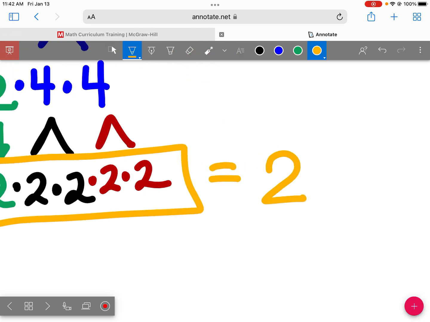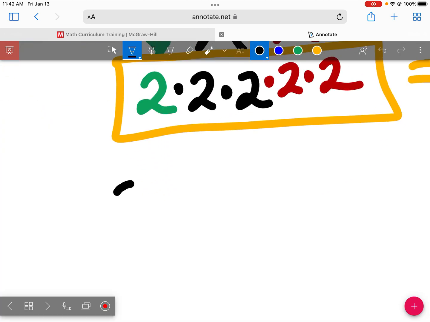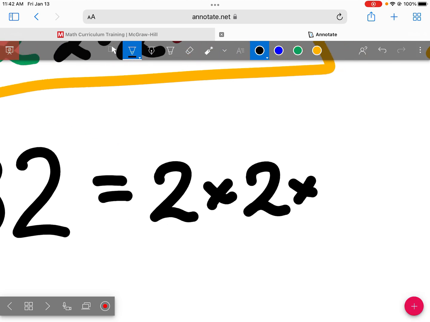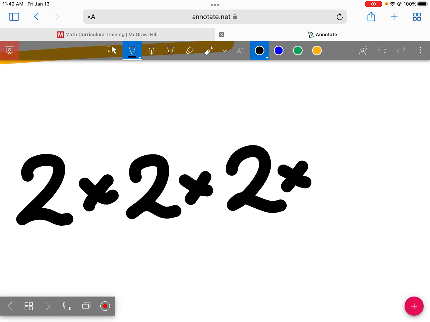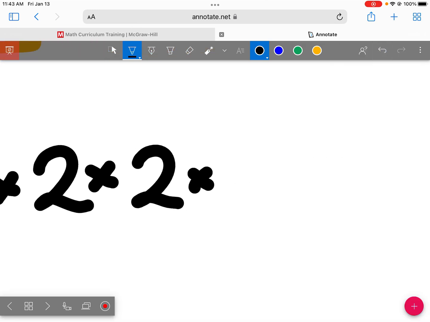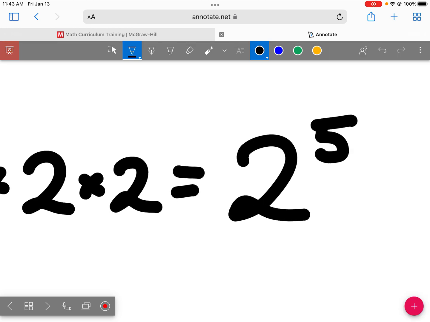This is 2 to the 5th power. So 32 is the same thing as 2 times itself 5 times, which is the same thing as 2 to the 5th power.